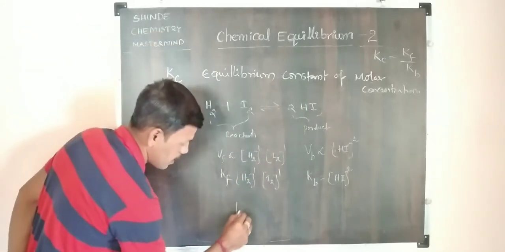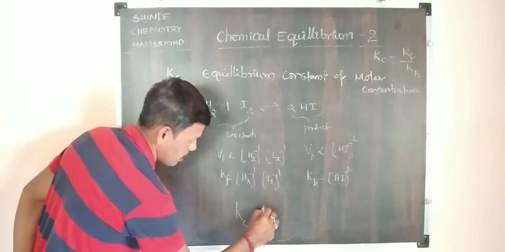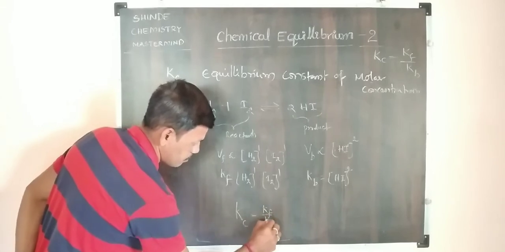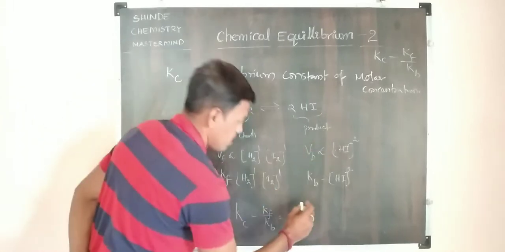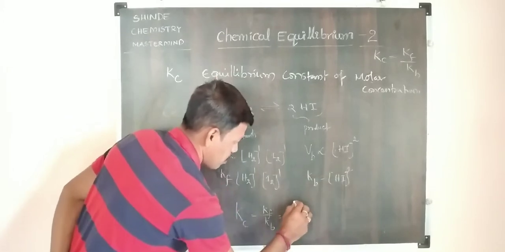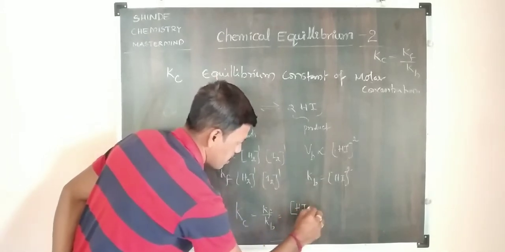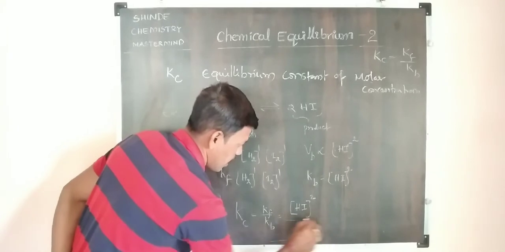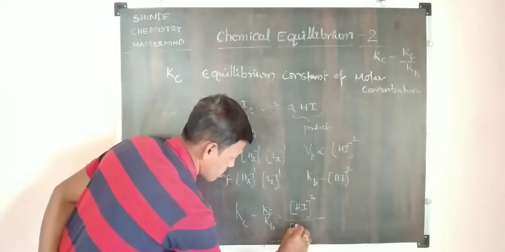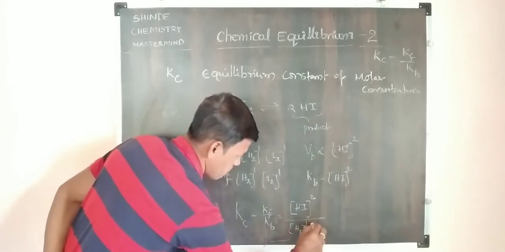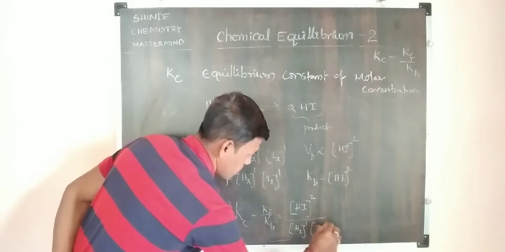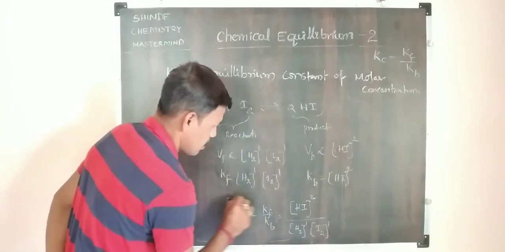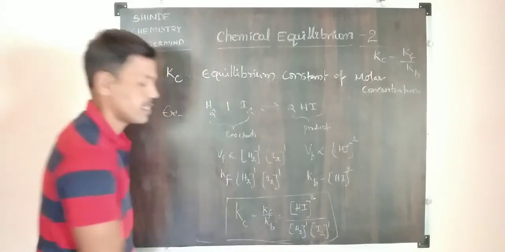Now we write Kc is equal to Kf by Kb. So you have to write the product concentration HI upon 2 and the reactant concentrations H2, 1 mole, and I2, 1 mole. So this is the relation of Kc.